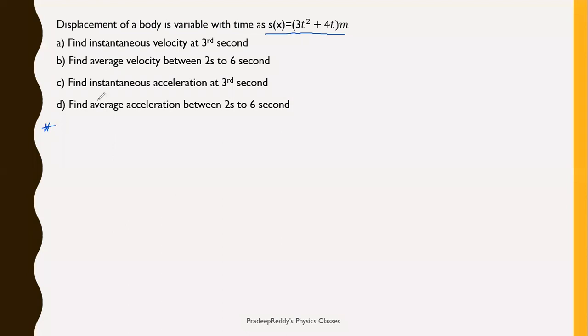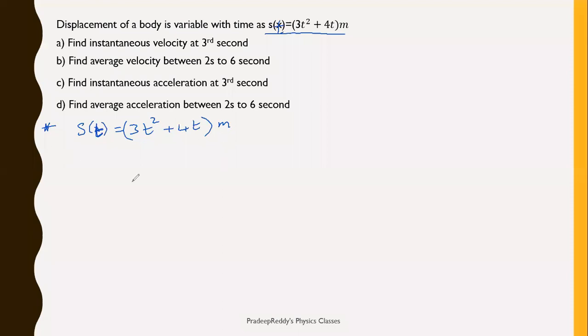Sorry, this is not s of x, it is s of t. So displacement as a function of time is given as s of t is equal to 3t square plus 4t meter.